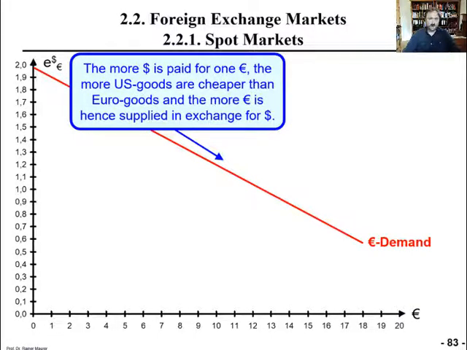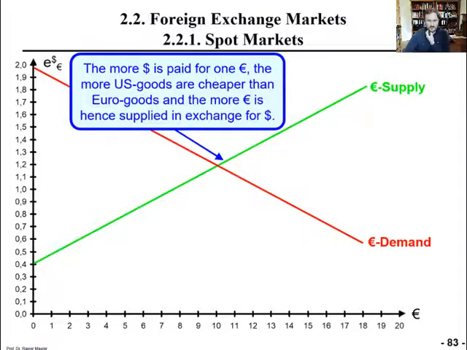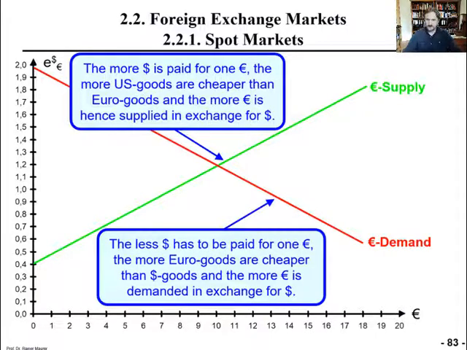The euro supply curve has the usual positive slope of supply curves, since the more dollar is paid for 1 euro, the more US goods are cheaper than euro goods, and hence the more euro is supplied in exchange for dollar.